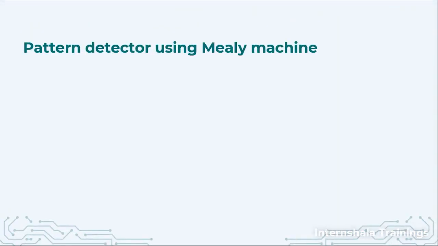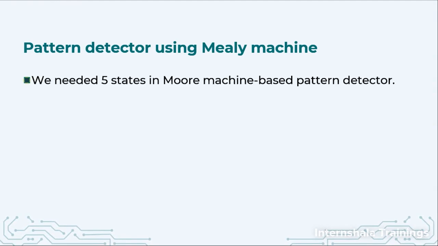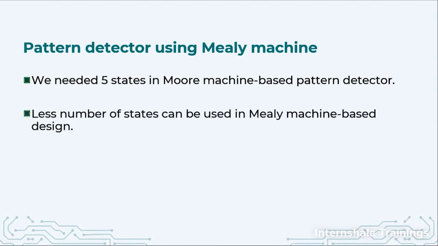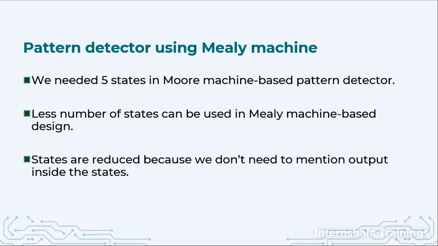So pattern detector, when we design with Mealy machine, we don't need the 5 states as we had in the Moore's machine based pattern detector. We will use less number of states when we are having Mealy machine. The main difference is coming because we have additional input which will control the state transition.